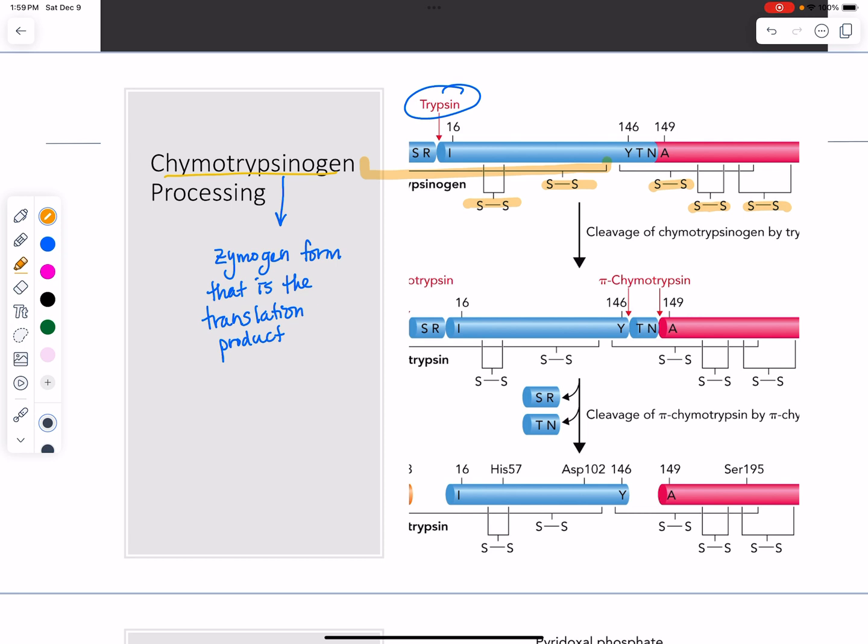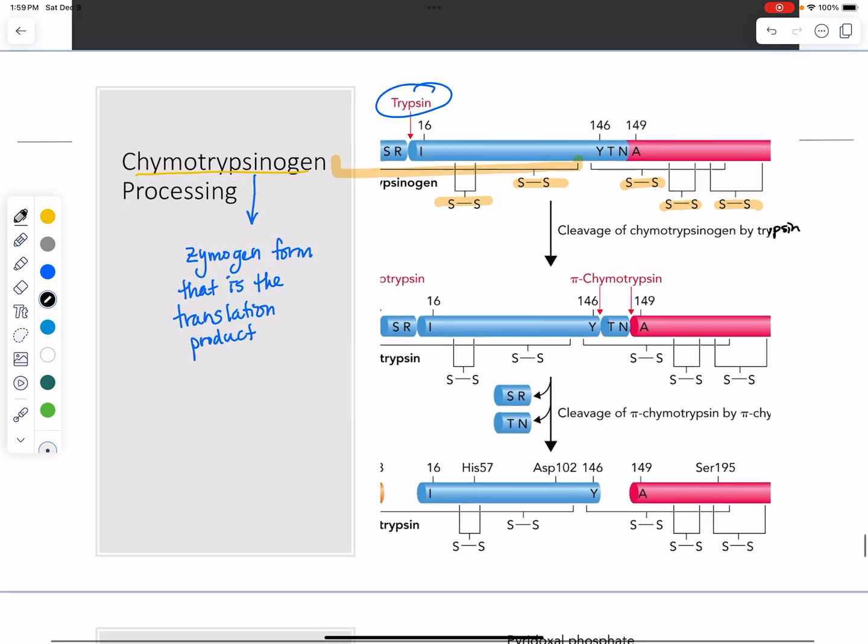So chymotrypsinogen gets cleaved by trypsin at this spot right here, right before residue number 16.